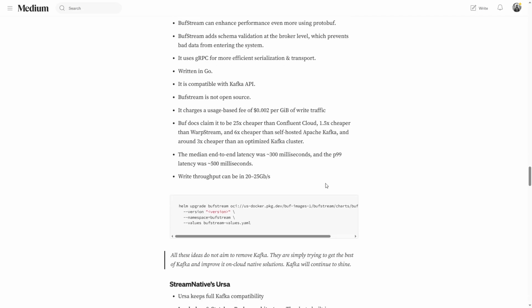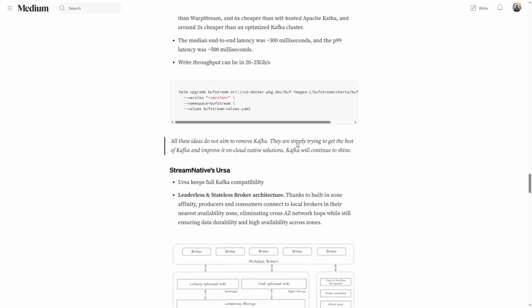Cost will definitely be lower compared to open source Kafka. So if our use cases can tolerate certain latency or certain late data, we should actually explore these solutions because they have a lot of cost benefit attached.